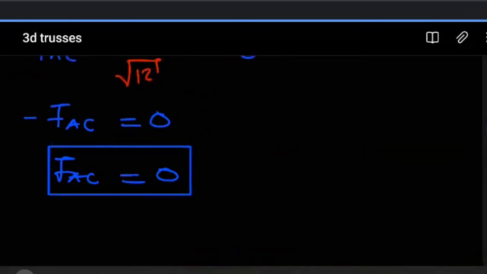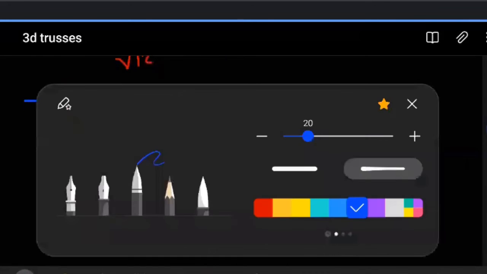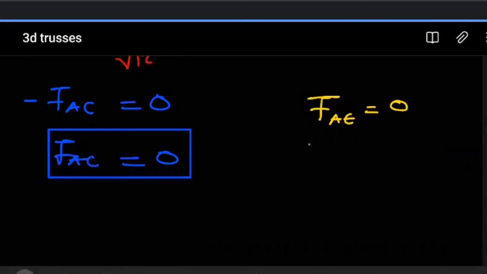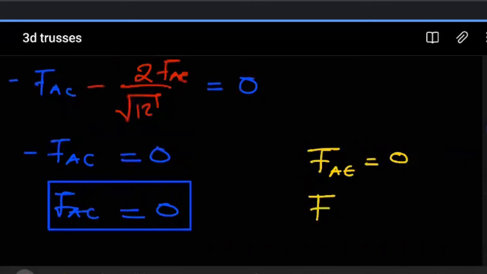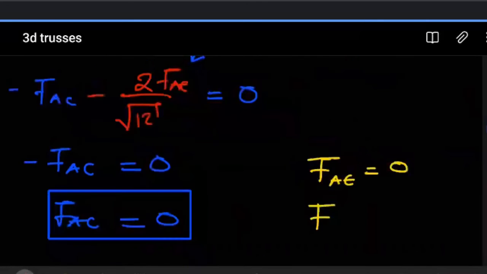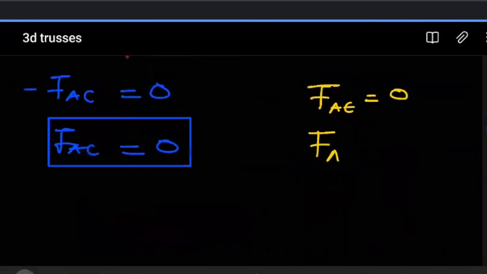So from summing forces about point A, we have found 3 things. Let me highlight them. What we have found is that 1, FAE is equal to 0. 2, FAC is also equal to 0.